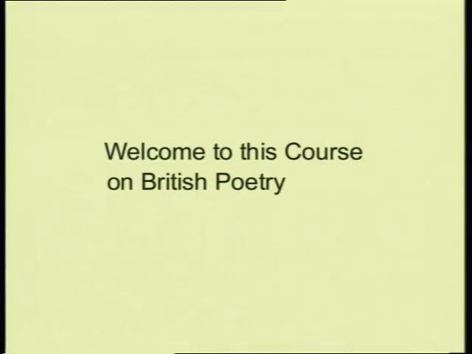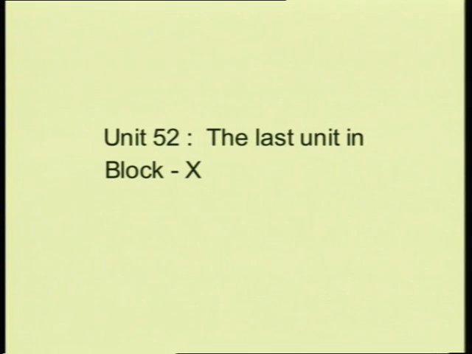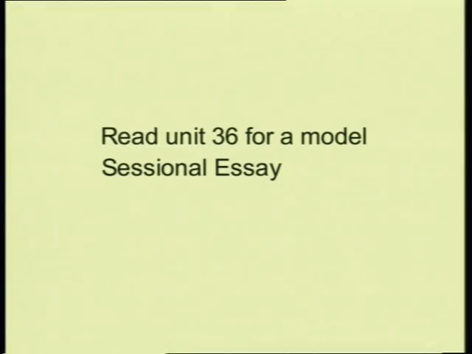So, to repeat once again, start reading the first page, that is welcome to this course on British poetry. Then go to unit 52. Find out what your examiners will finally expect from you, what you have to do during the course of the year.